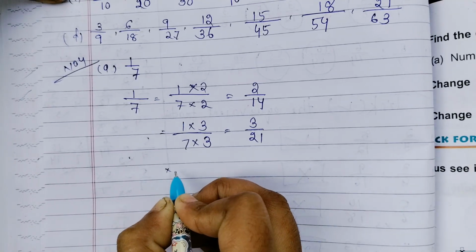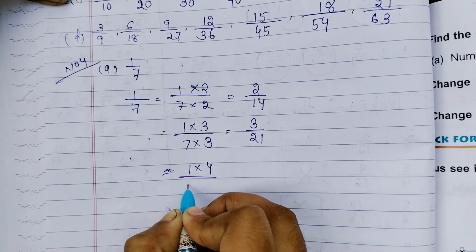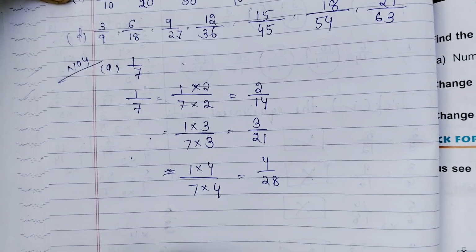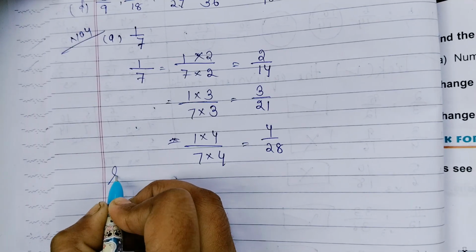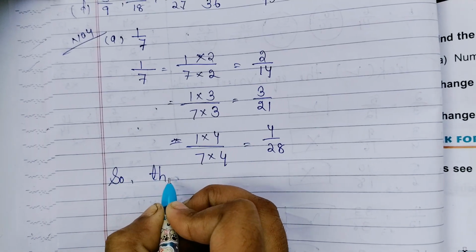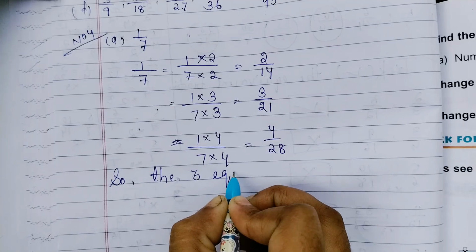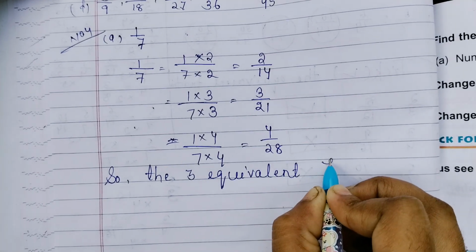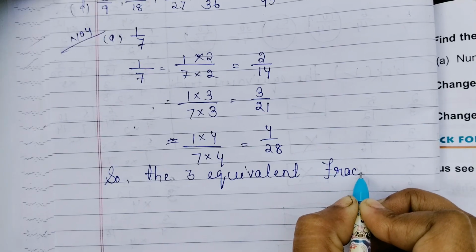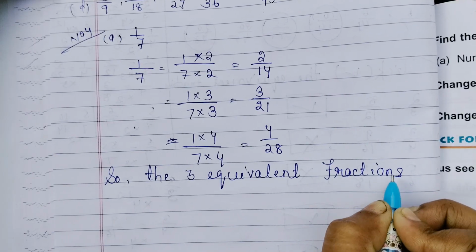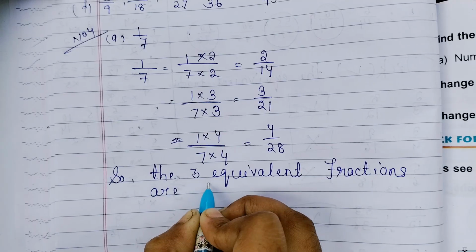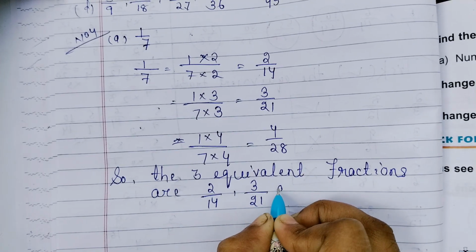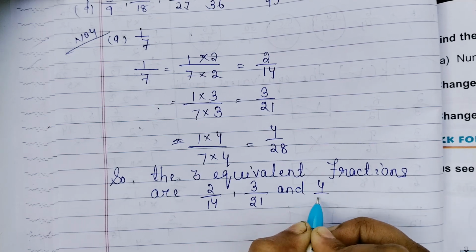Then we multiplied 4. So the 3 equivalent functions are 2 by 14, 3 by 21, and 4 by 28.